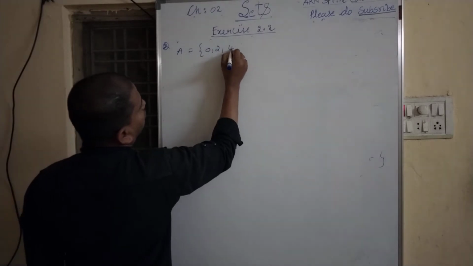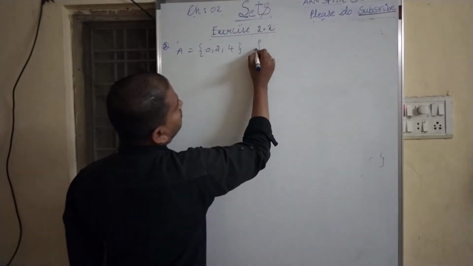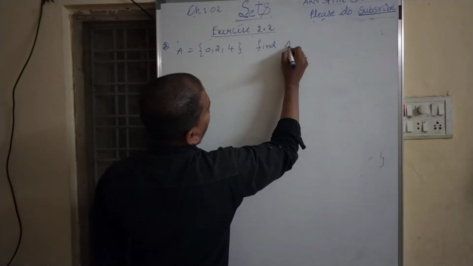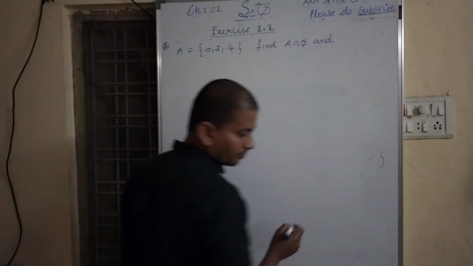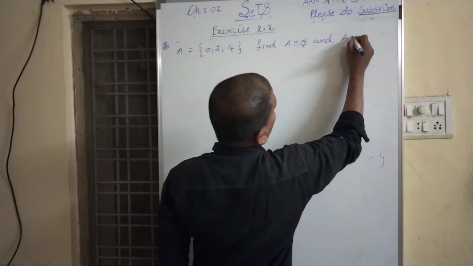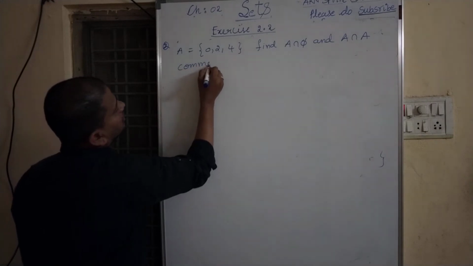A equal to 0 to 4. Find A intersection pi. Find A intersection pi and A intersection A. A intersection A, common. This is our second question.